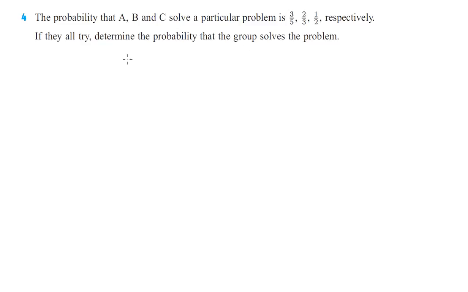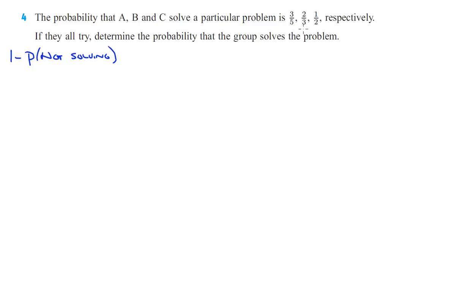There's a real subtle, nice thing about this that will make this a much simpler problem. You're trying to figure out the probability that any one of them is going to solve it. An easier route is to figure out the probability of not solving it, and then we can just take 1 and subtract that amount, and that will be the probability of at least one of them being able to solve it.